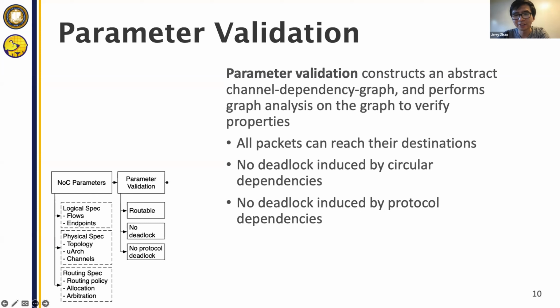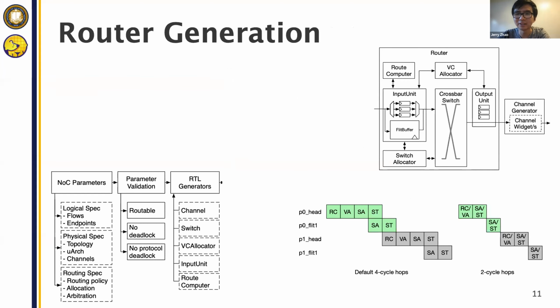So after parameter validation, the next step is actually generating the Chisel, or generating the RTL, for the network. Note that up till now, everything has been pure Scala, and only now do we actually pass the Scala parameters to the Chisel RTL generators. The RTL generators themselves are fairly conventional. They generate a pretty basic 4-hop router microarchitecture, although it can be configured to a more aggressive 2-hop router.